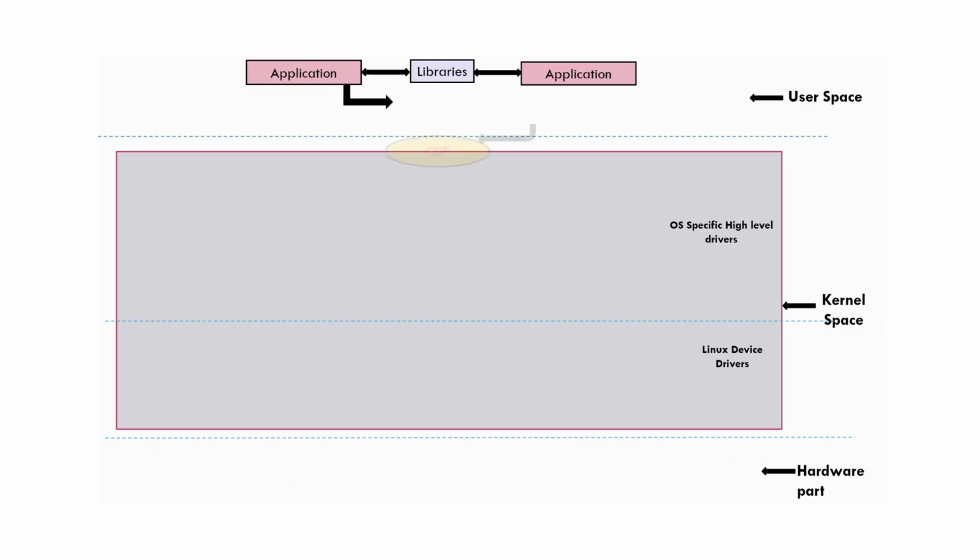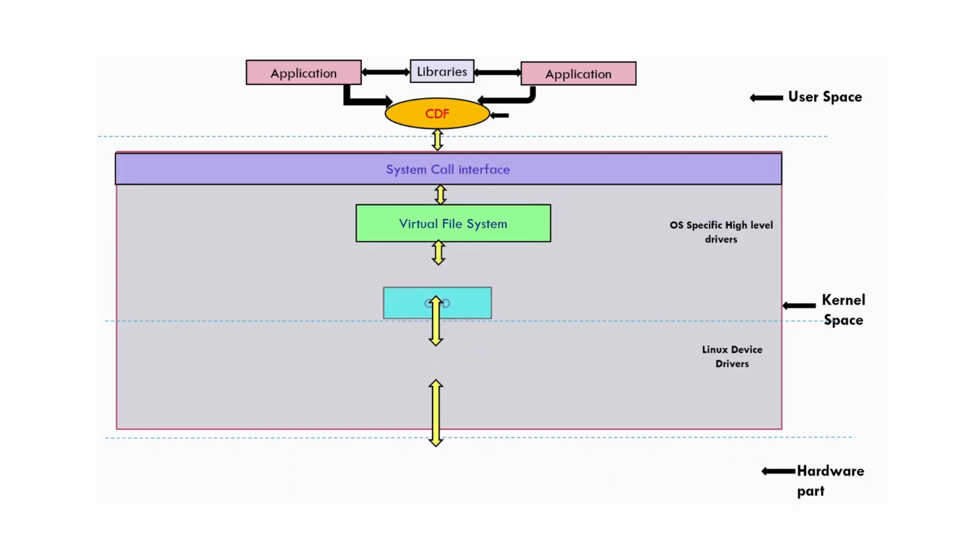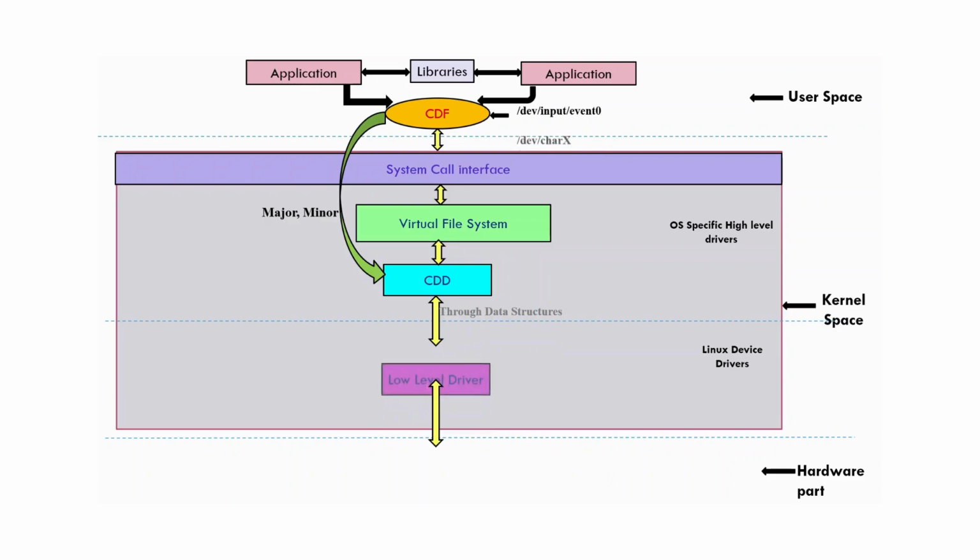Each device has a driver, which we call a low level driver. In user space we have applications and libraries, and these applications interact with the CDF, the character device file, and through the CDF enter the kernel via the system call interface.